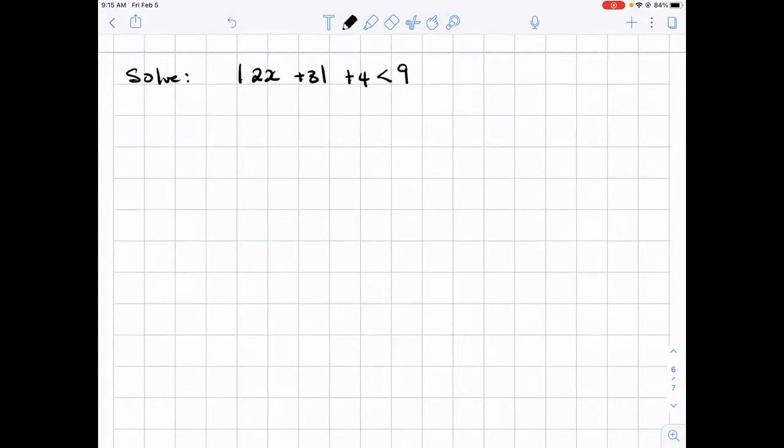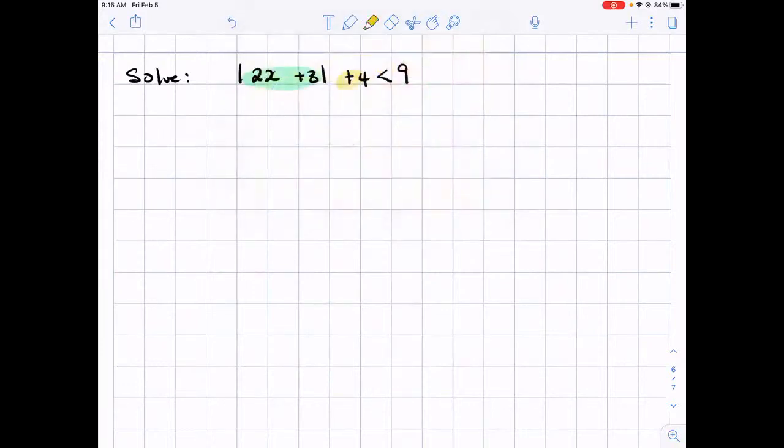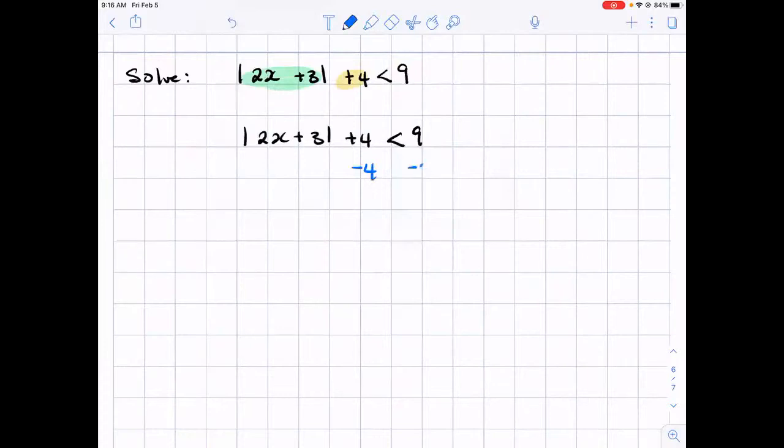So please observe here that your absolute value is not isolated, right? You have a plus 4. So you have to get rid of that plus 4. So to do this, we will subtract 4 on both sides.